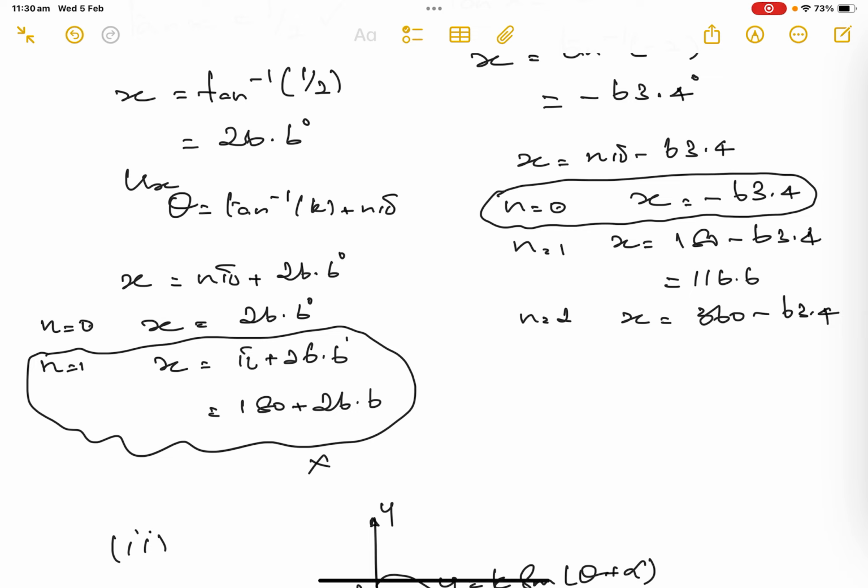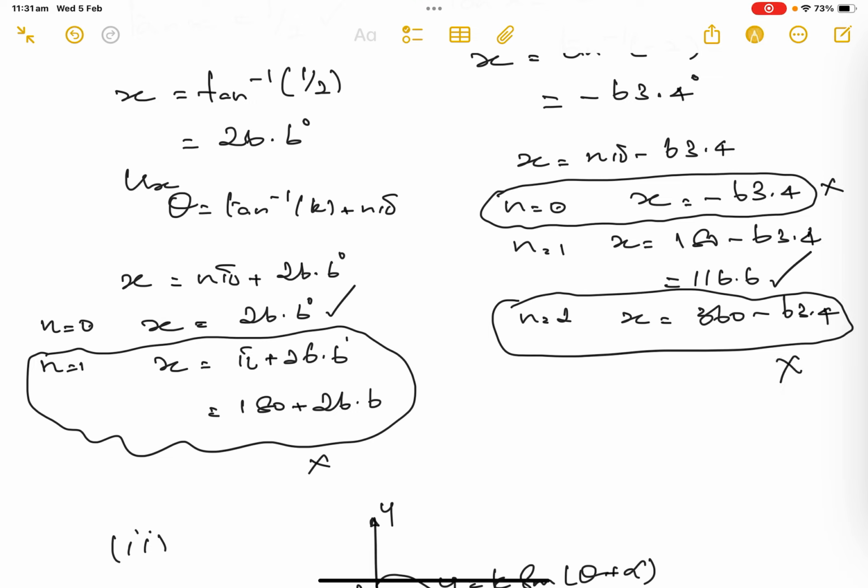Therefore minus 63.4 is not valid. n equals 1 is 180 minus 63.4, that is 116.6. That is the right one. And again n equals 2, 360 minus 63.4, out of range. That's not the one.